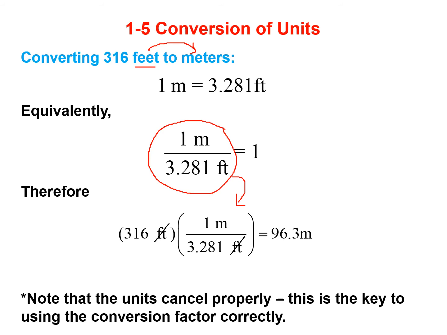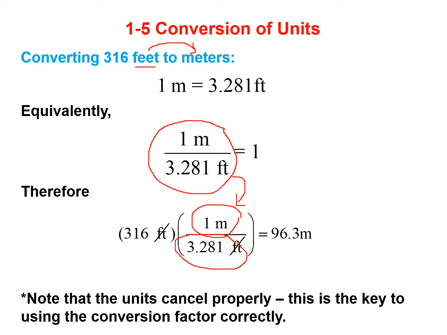So how to cancel out feet? Make sure that you understand that the feet here is on the upper side, what we call the numerator. This one is the numerator, and the 3.281 feet is the denominator, what's behind the per value. So 316 feet.